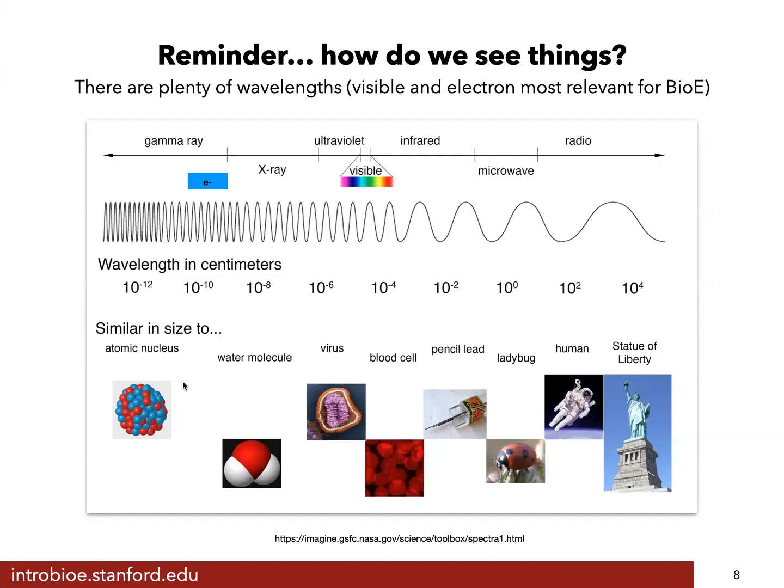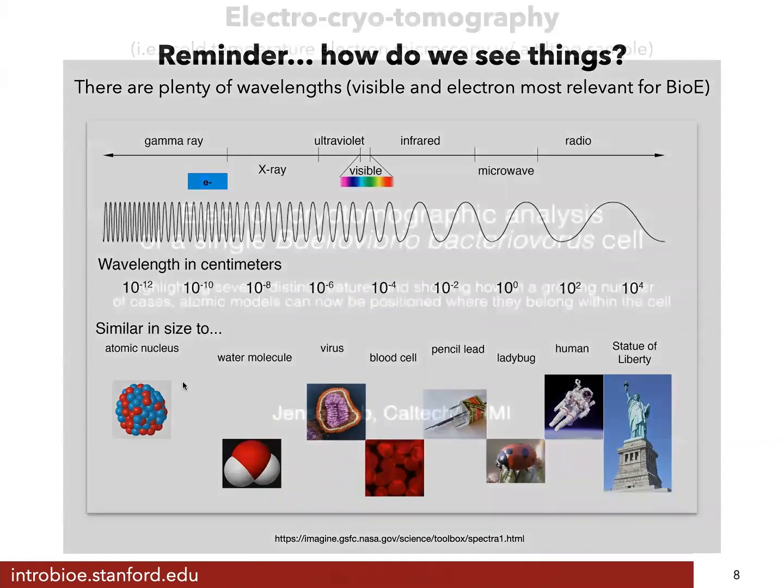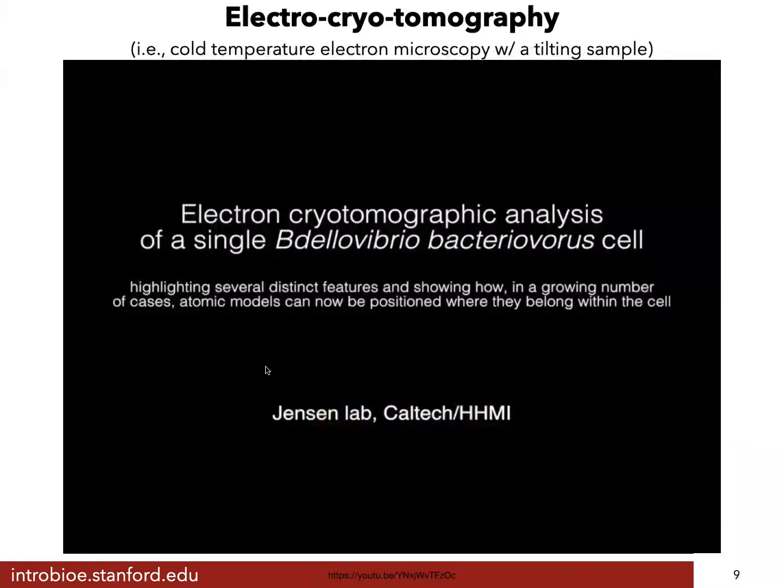All right. So let's look at another video of an electron microscope. Again, we'll stick with the Jensen lab, an amazing group, super inspiring researchers, and let them walk us through how they can help us see what's happening in a living cell.